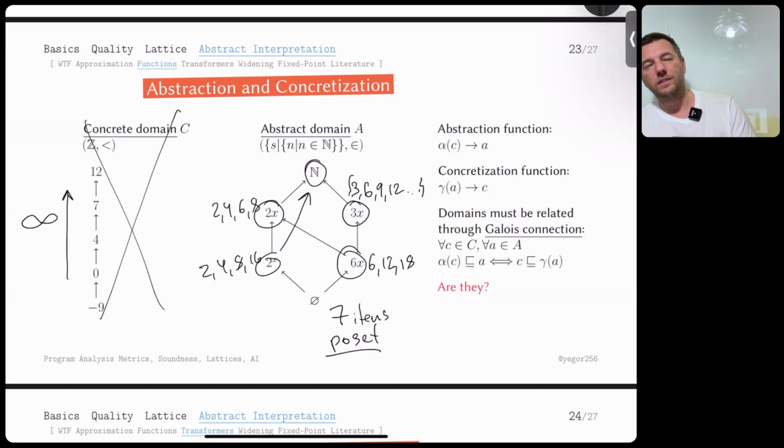That's how people reason. That's the idea. The whole idea of abstract interpretation is to reduce the size of the domain, reduce the size of those elements which we reason about, and then everything becomes simpler.